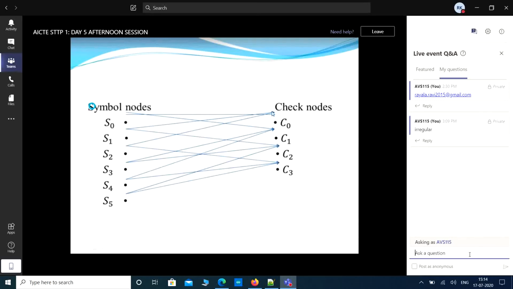S naught is connected to C naught and to C1, but S naught is not connected to C2, and S naught is not connected to C3 only.